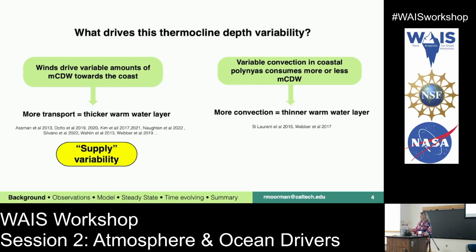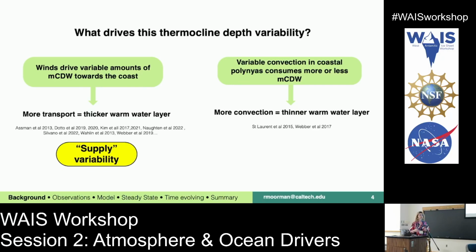The other category of forcing that you can think about is latent heat coastal polynyas in the area. If you're unfamiliar, latent heat coastal polynyas are areas where strong katabatic winds are pushing sea ice away from the ice front, allowing there to essentially be this conveyor belt system where sea ice is pushed away, exposing ocean water to the cold atmosphere. More sea ice can form, it gets pushed away, and so on and so forth.